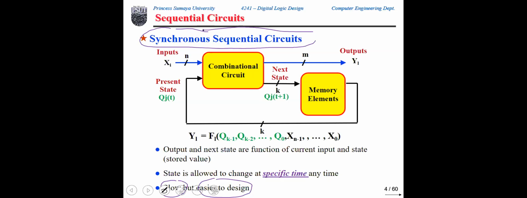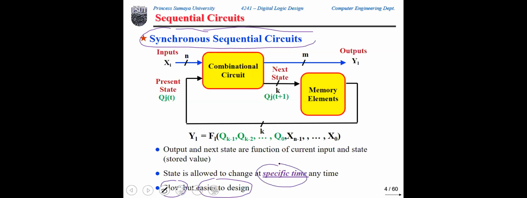And that's why later you will hear me saying sequential circuits, design a sequential circuit. Is this synchronous or asynchronous? By default, it is synchronous because we will not discuss the asynchronous. So if I ask you to design a sequential circuit, then by default, it is a synchronous sequential circuit that is allowed to change the stored value at a specific instant of time.